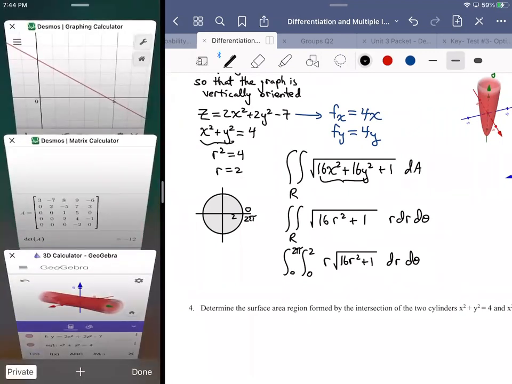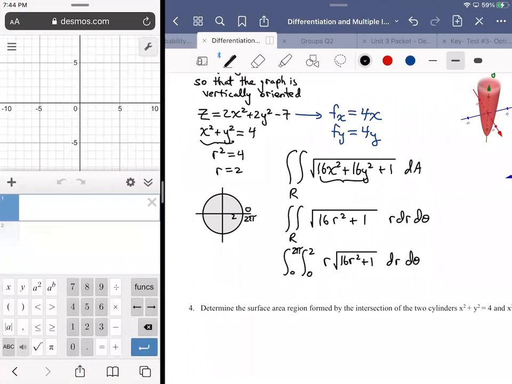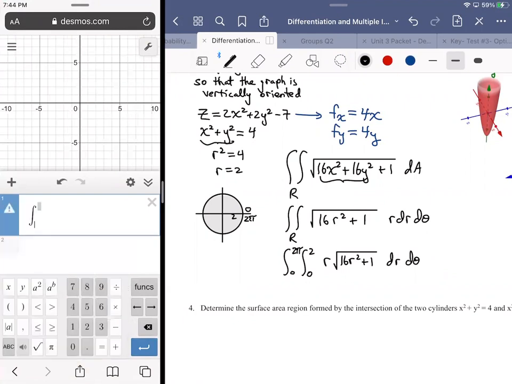All right, so back to the Desmos. Okay, refresh to a whole lot of nothing there, so we'll see. 0 to 2 pi. Open. Another integral, 0 to 2. Open. Integrand. I'm using x's instead of the r's.